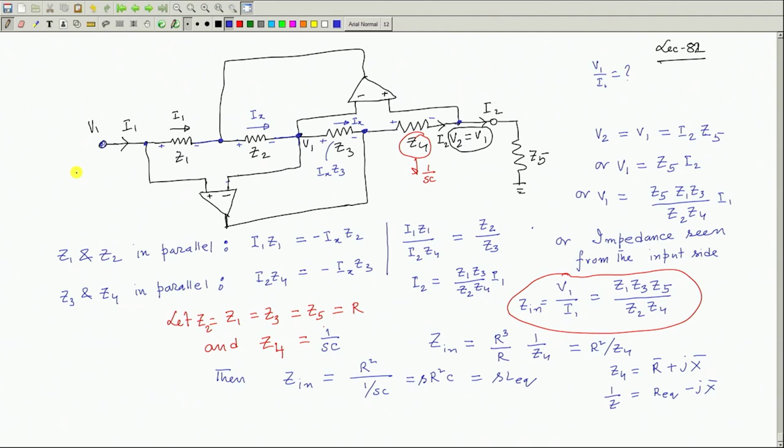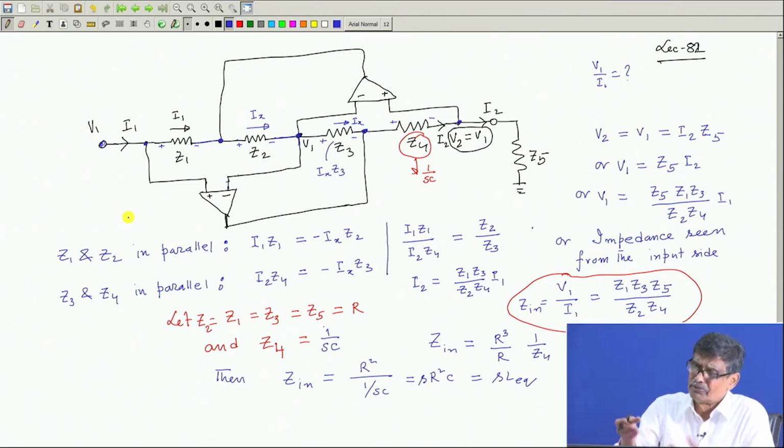A capacitor can be made tiny compared to an inductor, and it can be accommodated in your circuits. Mind you, these are not power circuits, 220 volt or 230 volt circuits. These are control level voltage circuits, where if you want a different impedance seen from this side, you can make it. There are various versions of this, like a floating inductor. I will not go into those things, but only as an application of an ideal op amp circuit.